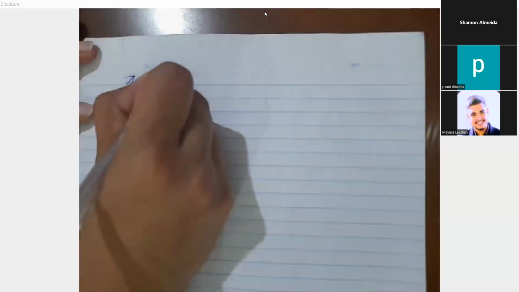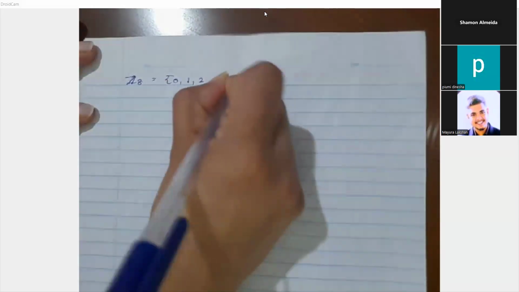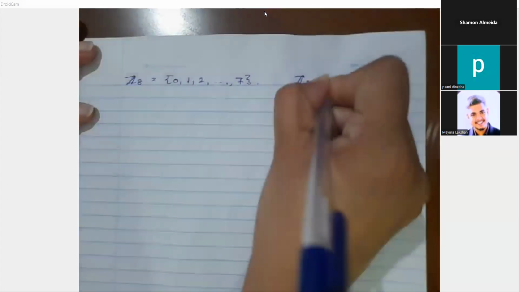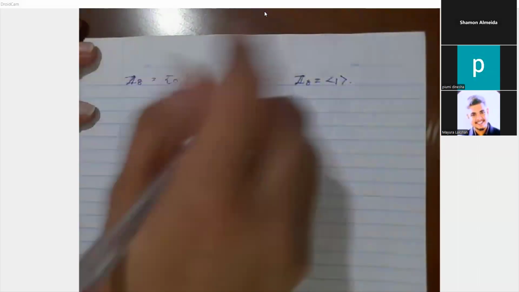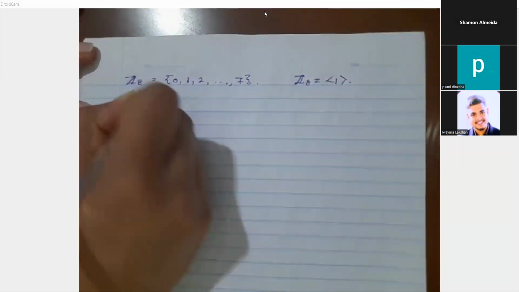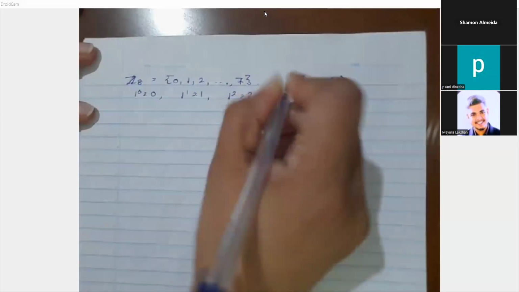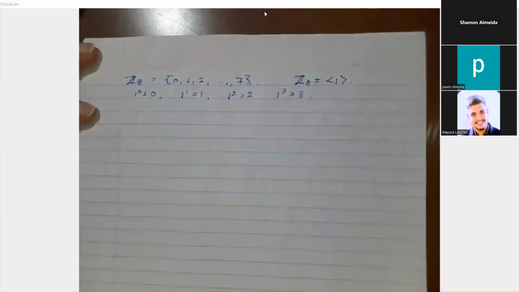Once again, we'll look into this example with Z8. This has elements 0, 1, 2, up to 7, right? We know one generator of this, which is 1, right? Okay. Once again, 1 raised to the power of 0 is 0. This is 1. This is 2. This is 3, likewise. So all these elements are given, right?